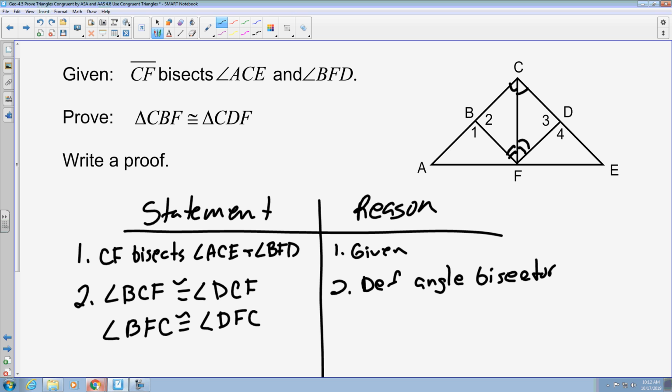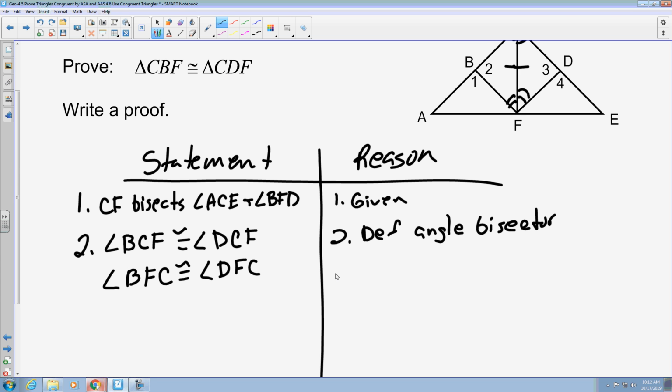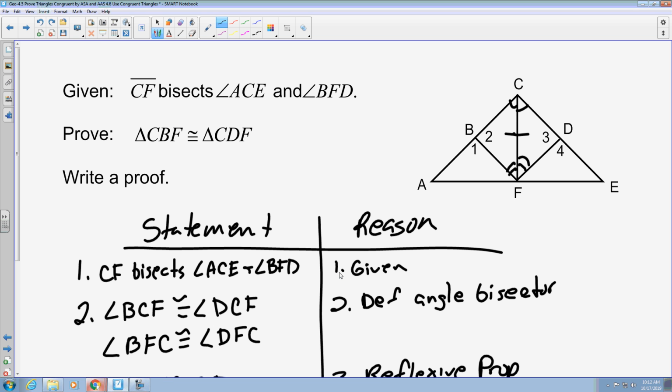So I now have two sets of congruent angles in this case here, and then I can use the reflexive property like I did in the previous one and say that CF is congruent to CF due to reflexive. And now I have two sets of congruent angles.